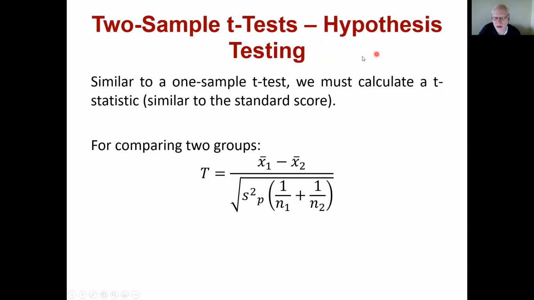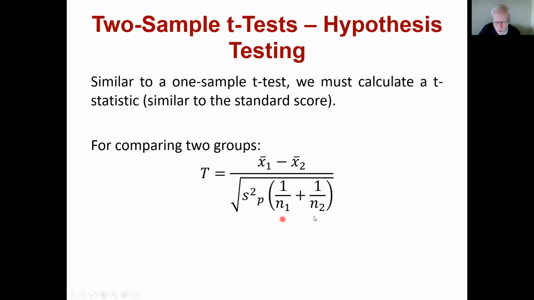So, hypothesis testing more formally. Similar to a one sample t-test, we must calculate a t-statistic. Similar to the standard scores, we calculate a t-statistic that we compare to a critical value. When we're comparing two groups, remember before we were doing sample 1 minus the claimed value. Here we're doing sample 1 minus sample 2.